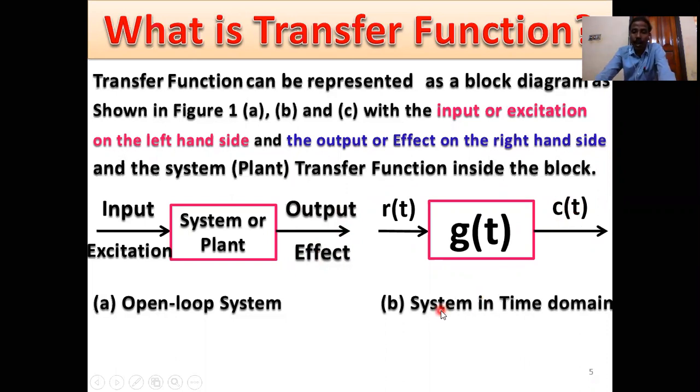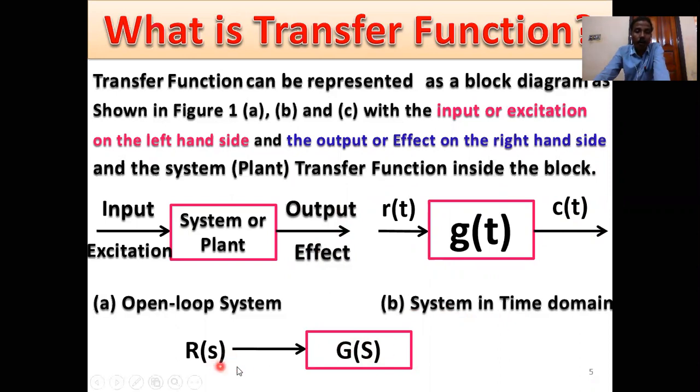So this block diagram is the system in time domain. And this is the Laplace domain block diagram. G of s is the plant gain or process gain, the input is R of s, and the controlled output is C of s.